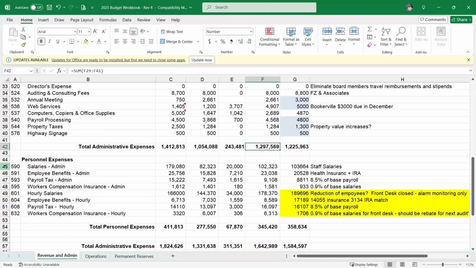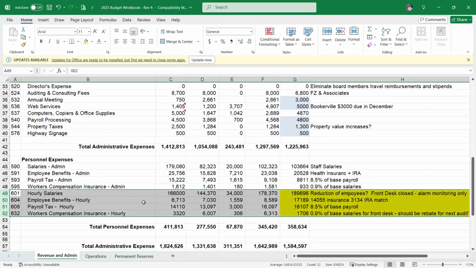I'm not going to get into a great deal of discussion on personnel expenses. Stacy and I have been talking about this. We think there's going to be some changes in all of these lines, most significantly in the hourly salaries, which at this point in time is only front desk staff.